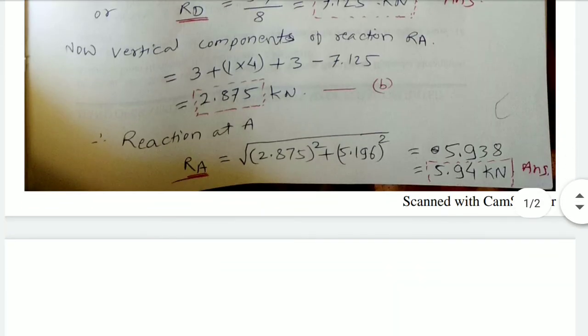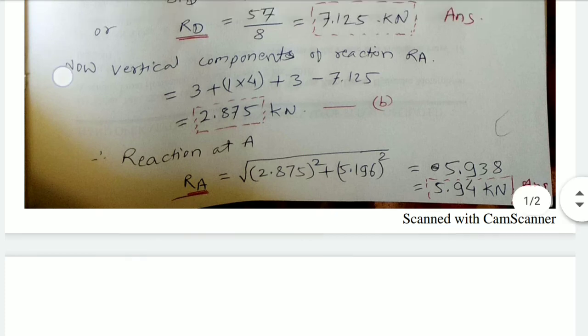So the reaction RA will be equal to the square root of the sum of squares of these two, 2.875 squared plus 5.196 squared. It comes to 5.938. By rounding off, we get 5.94 kilonewton, which is the reaction at A. So this is your second answer.